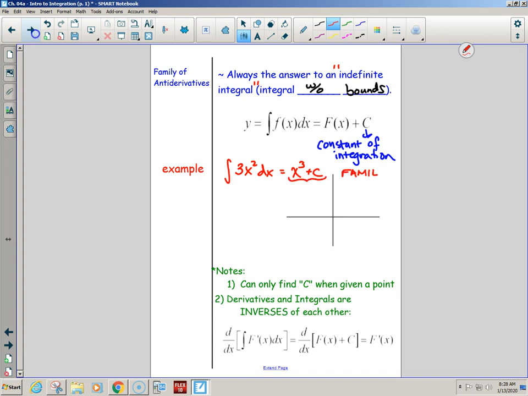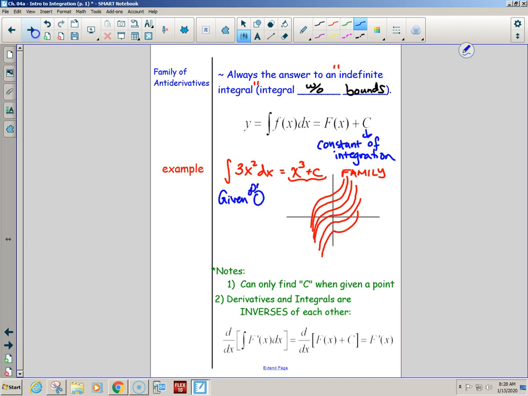And the reason it's a whole family is because technically, if c is 0, or if c is 1, or if c is 2, or if c is 3, or if c is -1, or if c is -2, pretend that those are actually somewhat the same shape. Anyway, it's starting to get weird. But the idea is that there's infinitely many different possibilities, unless they give us some particular clue.